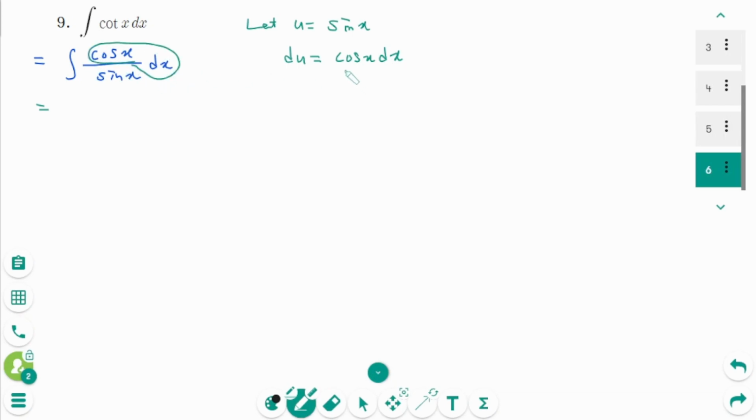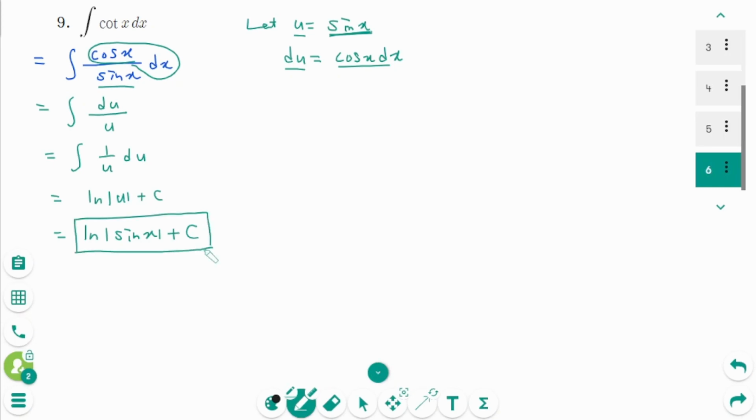Cosine x dx is du over sine x, which is u. We can rewrite as the integral of 1 over u du, which equals ln absolute value of u plus c, which equals ln absolute value of sine x plus c.